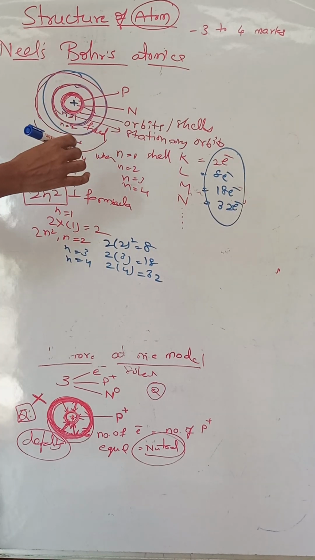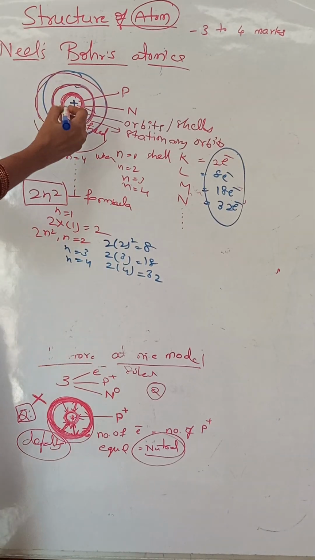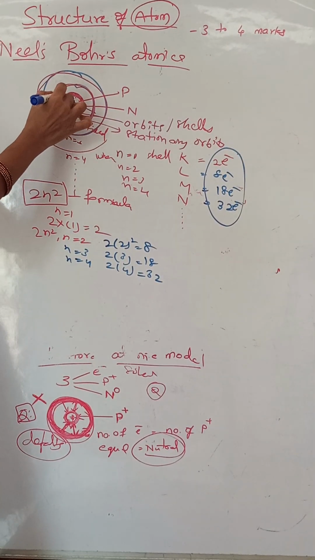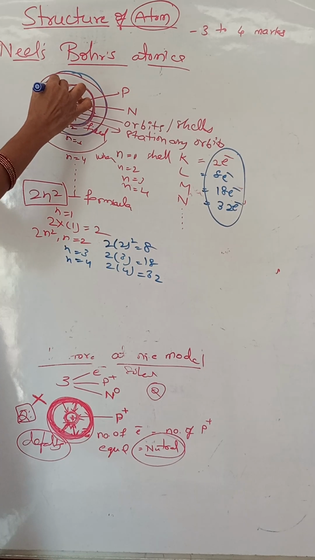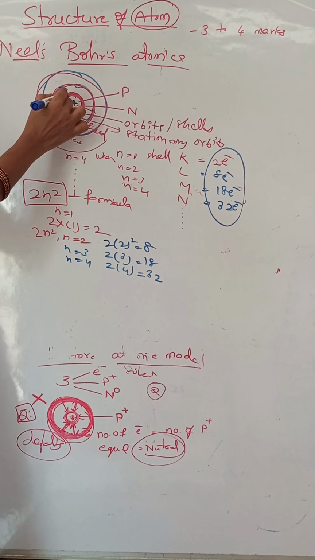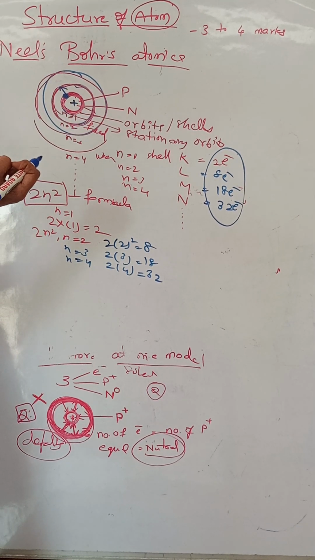When electrons gain energy, look here: when first shell electrons jump to the second shell, at that time these electrons absorb energy.